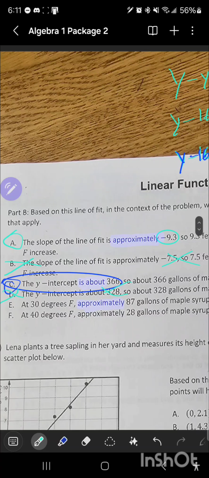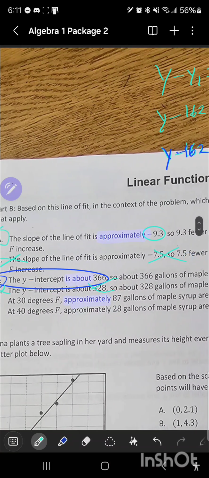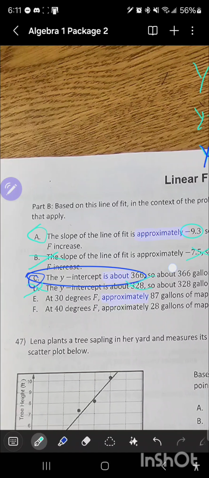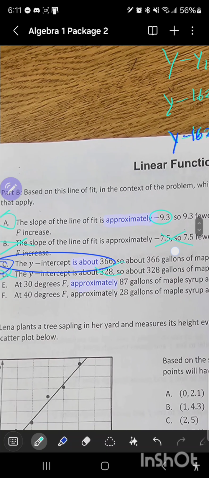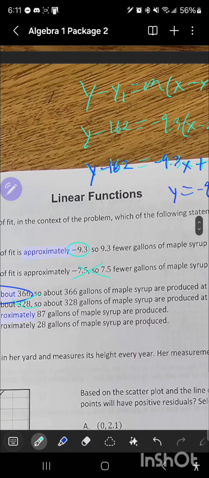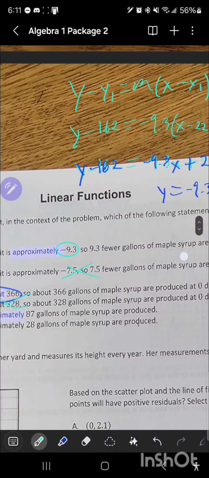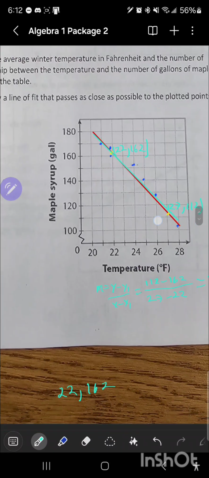Now, E. Let me read it right. E. At 30 degrees F, approximately 87 gallons of maple syrup are produced. So what I will do is substitute my value. I know that the F is going in the x value, so I can substitute by x.